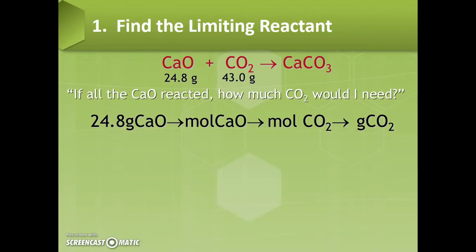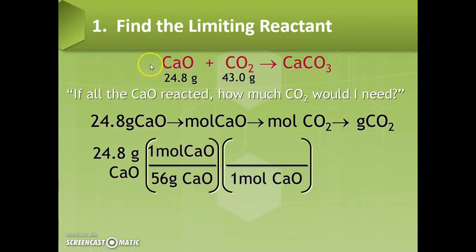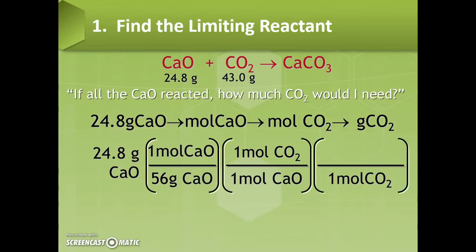So we can take our 24.8 grams of calcium oxide and move into the molar domain by dividing by the molar mass of calcium oxide. Then we can apply our stoichiometry term. Notice in this case it's 1:1. And finally move ourselves back into the mass domain by multiplying by the molar mass of CO2.